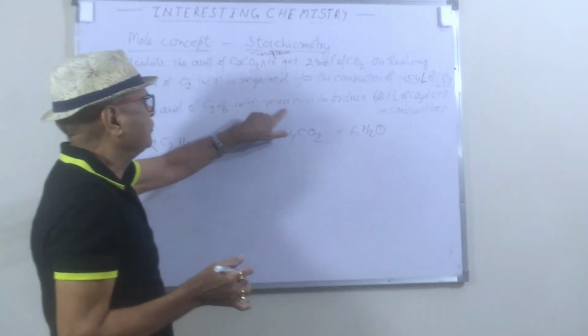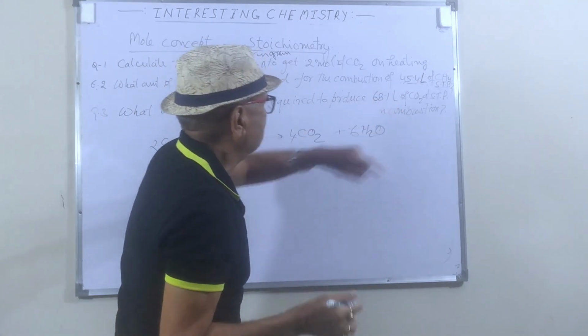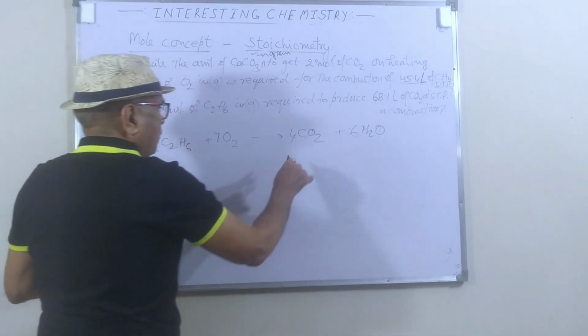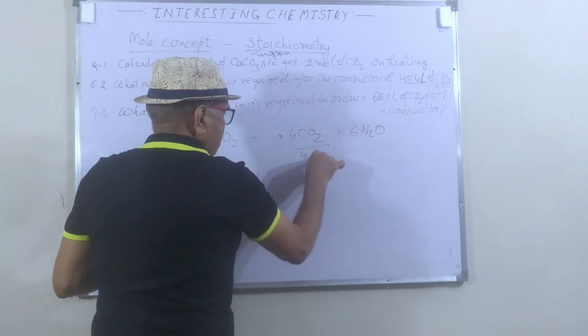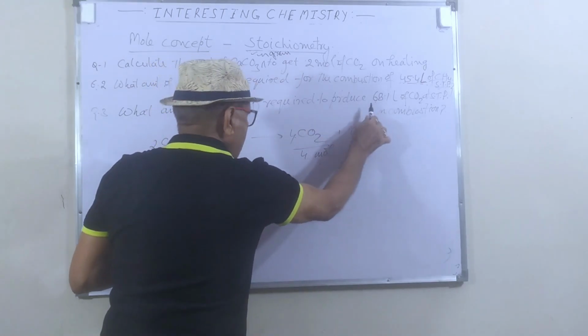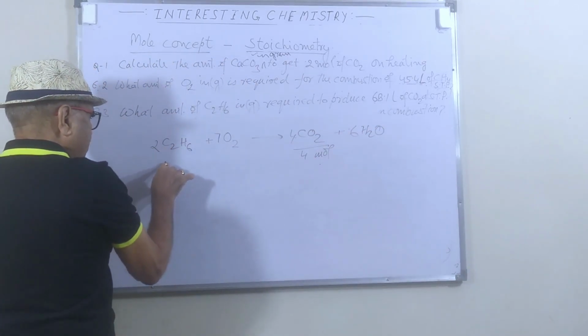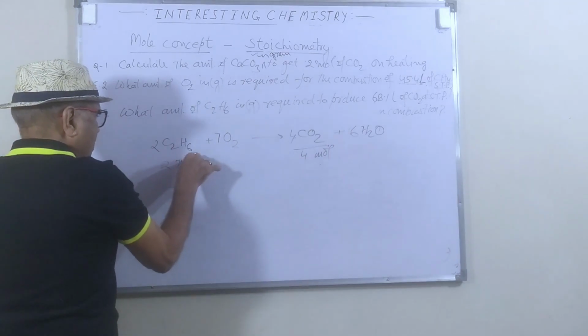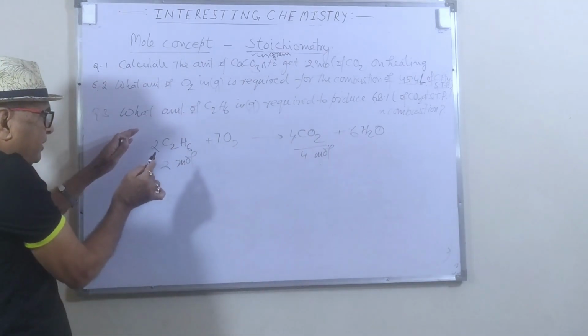What amount of C2H6 is required for the CO2?